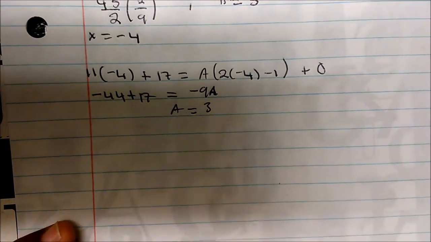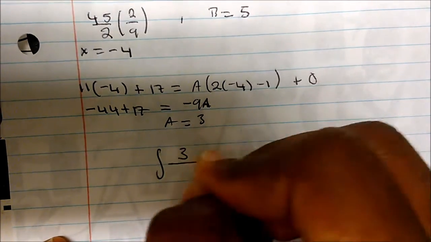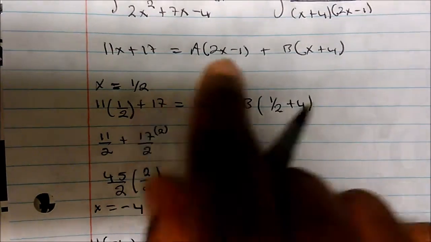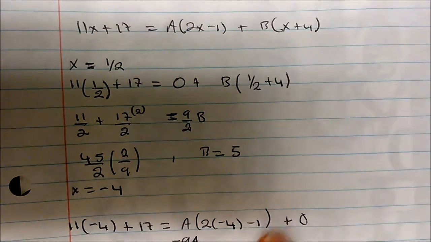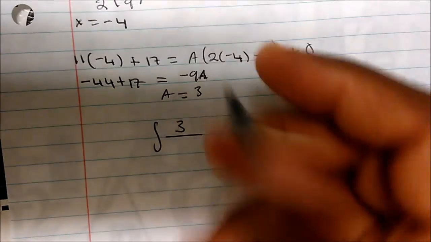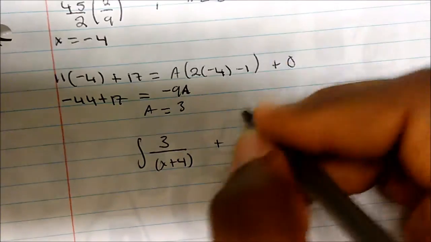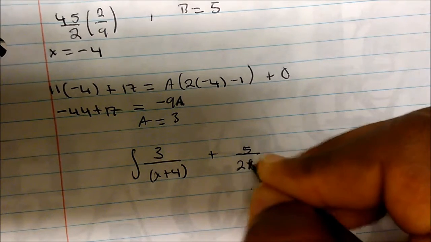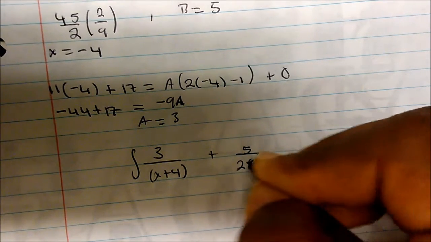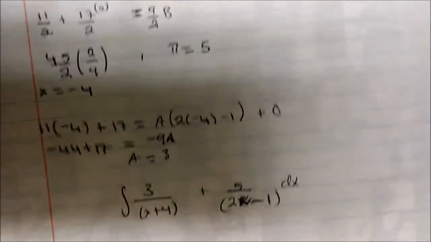And so if I look at my integral, it will be the integral of a, which is 3, over x plus 4, plus b, which is 5, over 2x minus 1 dx.